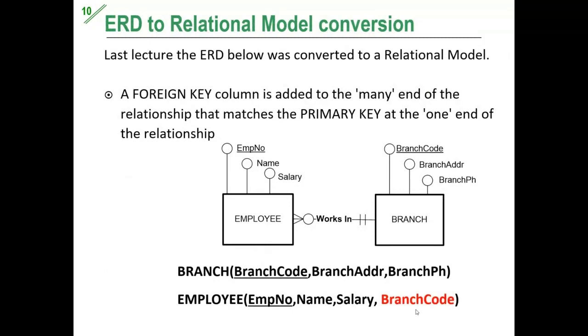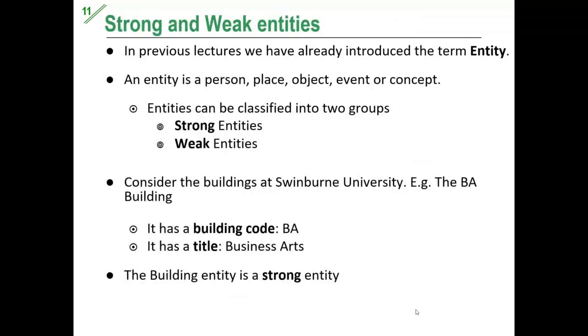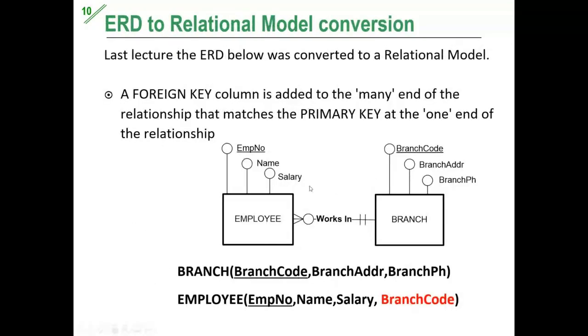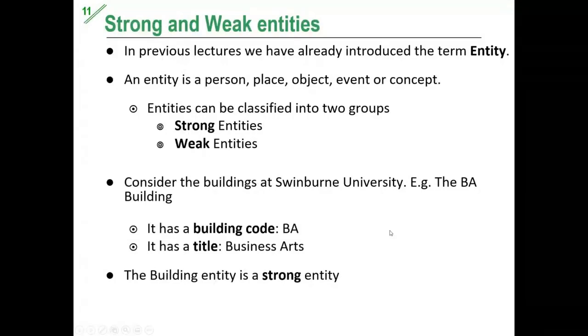Why am I telling this? We need to move to our next important topic. In this example, you can see the foreign key goes there, and there are 2 entities. We can define these 2 entities as strong entities. Why am I telling this?